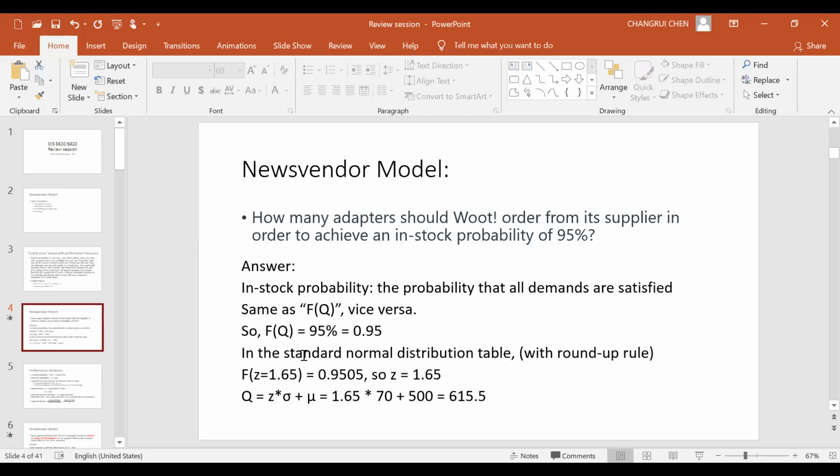Then you find Z equal to 1.65 at probability 0.9505, slightly higher, so with the round-up rule. So Z is equal to 1.65, and Q is equal to Z times standard deviation plus mean. The final answer is 615.5.